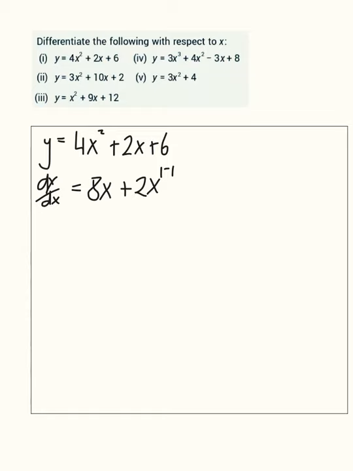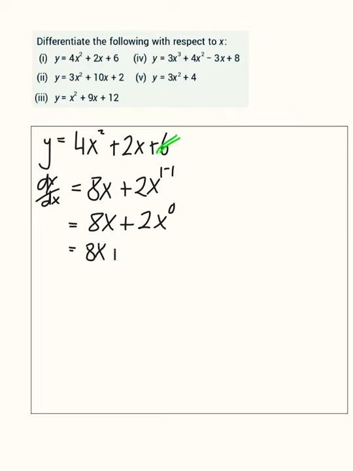Also to note, when we're differentiating, we do not differentiate constants. They just go to 0, so any normal number, you can just score it out, we don't need it. So tidying this up now, we've got 8x plus 2x to the power of 0. From our indices, we have learnt that anything to the power of 0 is just 1.